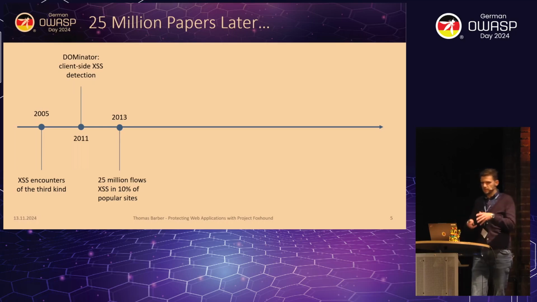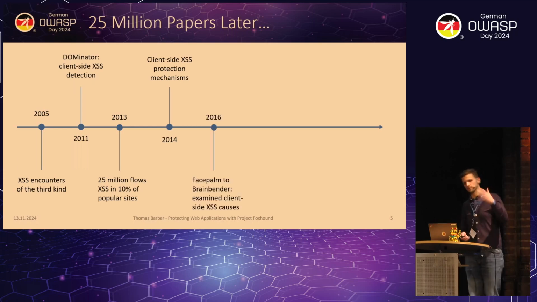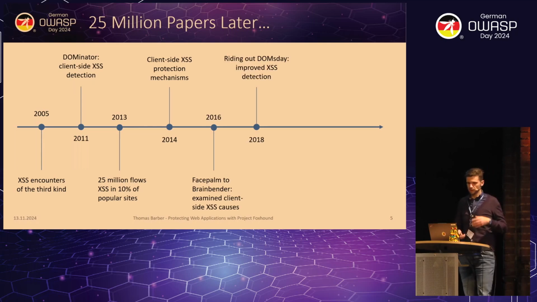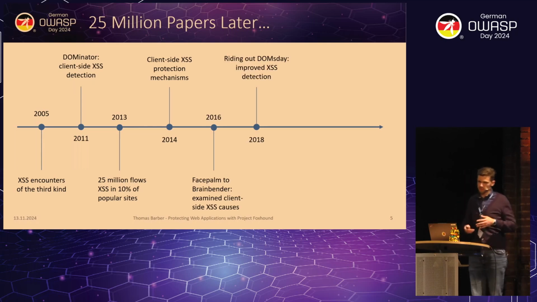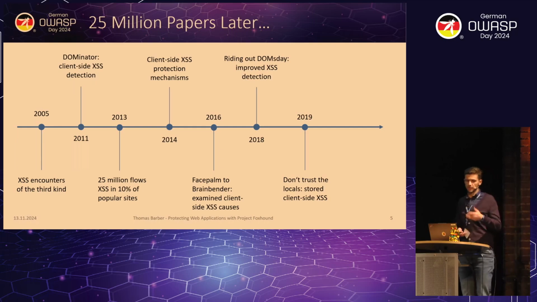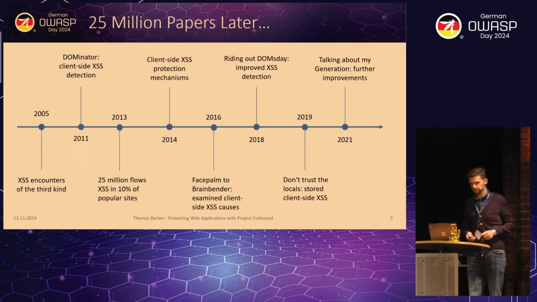And since then, there's been a series of papers looking at different aspects of client-side cross-site scripting, so it's been studied a lot. So for example, protection mechanisms, the causes of client-side XSS, improved detection mechanisms and validation techniques, variants, for example stored client-side XSS, and some further improvements.